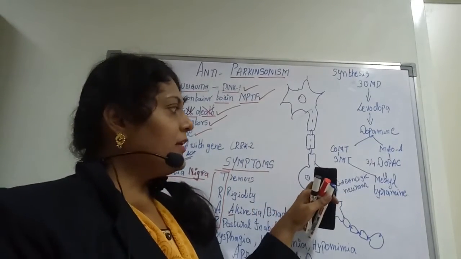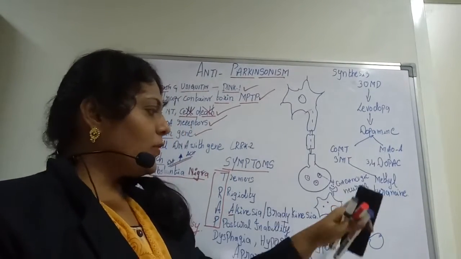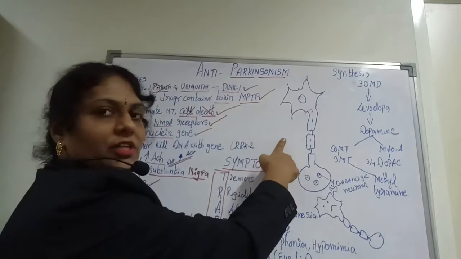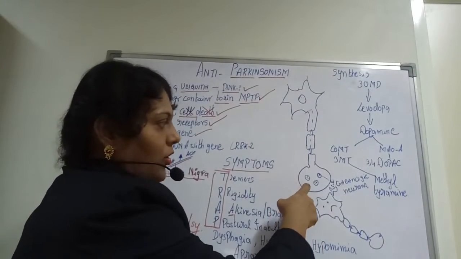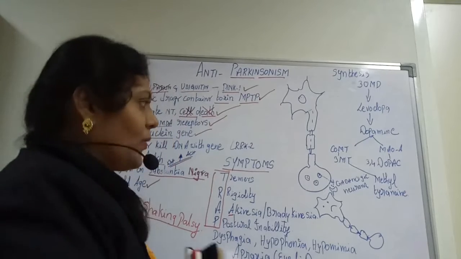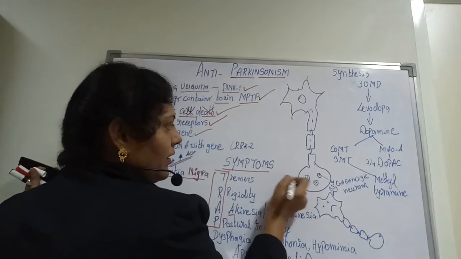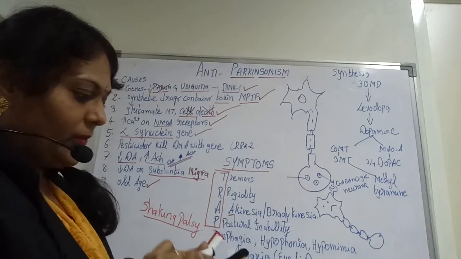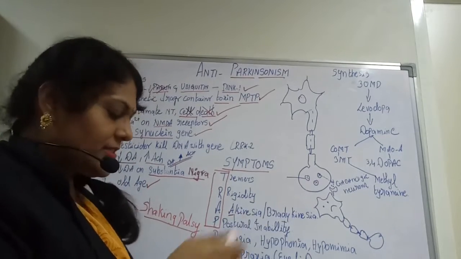Here we are indicating two types of neurons. One is called dopaminergic neurons, where it is submitting the dopamine into the synaptic vesicles. Let me do it with another color so that you will understand.